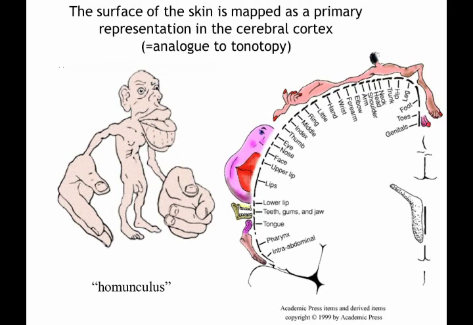Now, several things are interesting. First of all, these are completely different in size. The lips have by far the biggest representation. Why is that? Because they're most sensitive. You've got the highest concentration of sensory nerves in your lips, many, many more than anywhere else, say the eyes or the index finger, even the fingers. Fingers are overrepresented by far more than, let's say, the wrist or the forearm here.